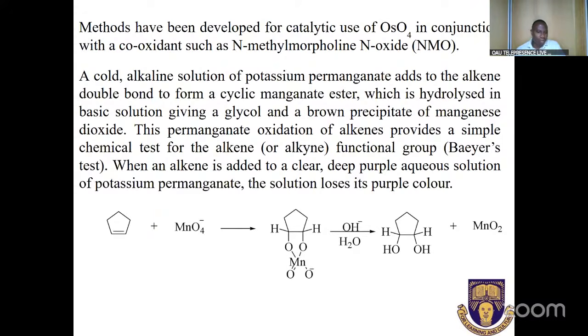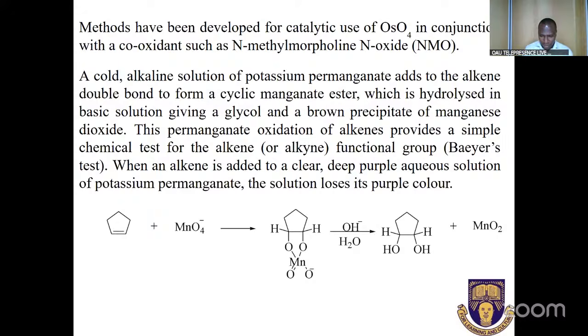Okay, so permanganate, for instance, you used in the course of CHM 107, and one of the things you know is that it is purple in color. Now that purple color is lost when you react it with an alkene, because it reacts with the alkene to form a diol, and all you have left is a brown precipitate of manganese(IV) oxide.